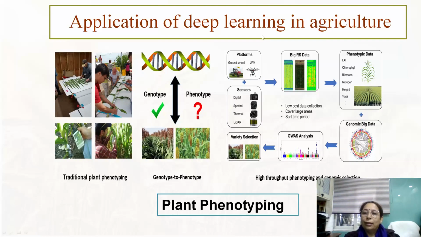But in the area of plant phenotyping, nowadays the concept of high throughput phenomics is gaining importance. You can see here there are different platforms and different sensors with the help of which the data is collected. We can have RGB cameras, spectral resolution cameras, thermal cameras, LiDAR sensors, and different platforms using which the data is captured.